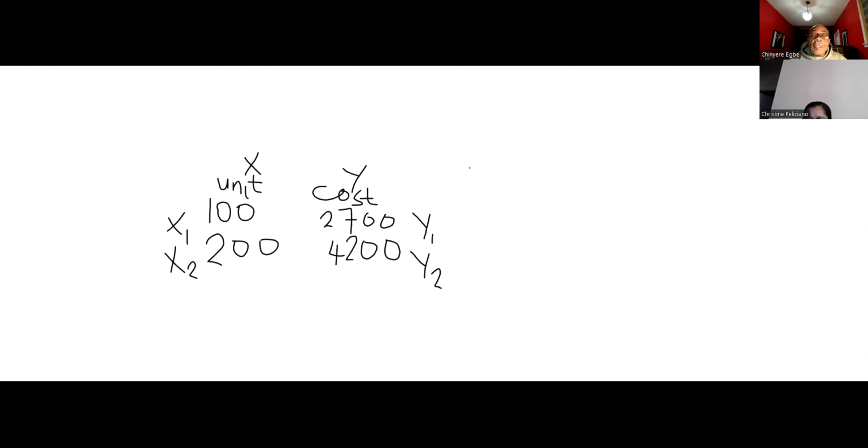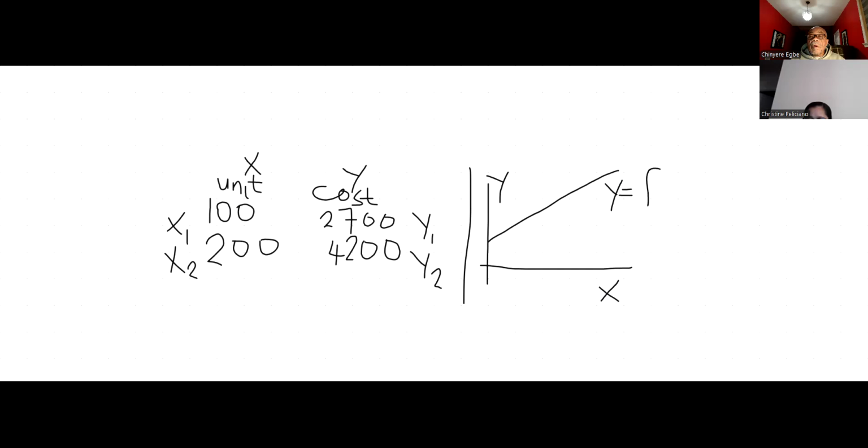Now, a linear function is like that. It's a straight line. So this straight line is called y is equal to f of x.